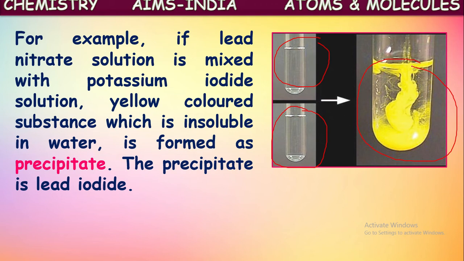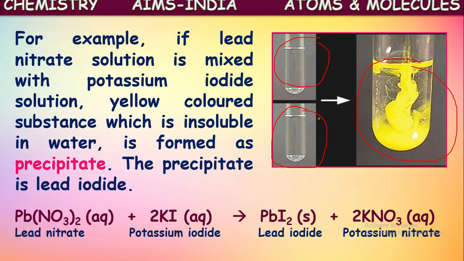This lead iodide is formed by the mutual exchange of ions between lead nitrate and potassium iodide. So we can say this is a double displacement reaction. See the equation: lead nitrate on reaction with potassium iodide forms lead iodide and potassium nitrate.